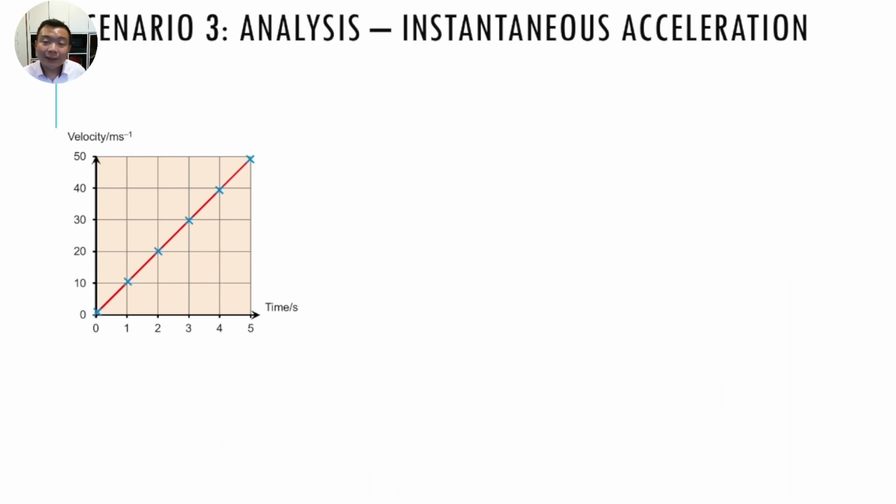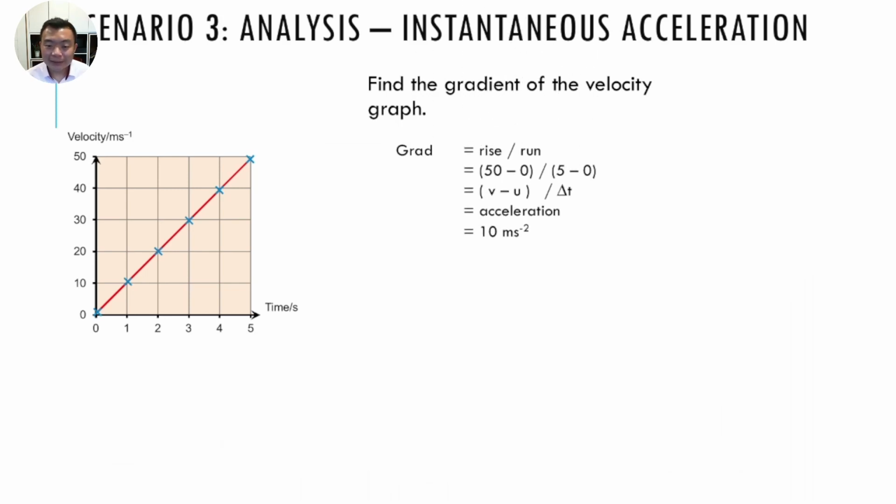For scenario 3, there's one new key point that we can derive. So I'll give you 5 seconds to find the gradient of this velocity time graph. Okay, so let's take a look. Gradient is again rise over run, and notice that when I use this coordinate and this coordinate, my rise is 50 minus 0 and my run is 5 minus 0.